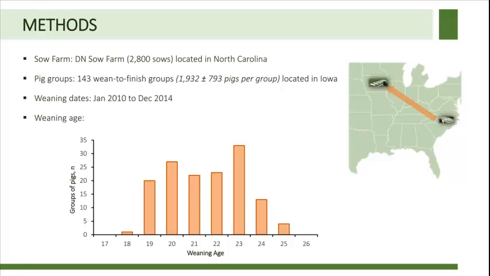This histogram shows the number of groups within each weaning age. Just to give you an idea, around 19 and 24 days, we had a good number of groups within each weaning day, which allows for a nice analysis.